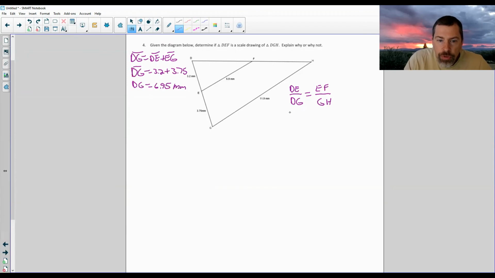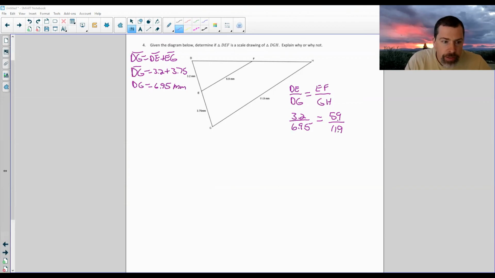And then we substitute in our values and they should come out to be the same if it's true. So DE is 3.2 divided by DG, which is 6.95. And that is supposed to equal EF, which is 5.9, divided by the whole side over here, GH, which is 11.9.